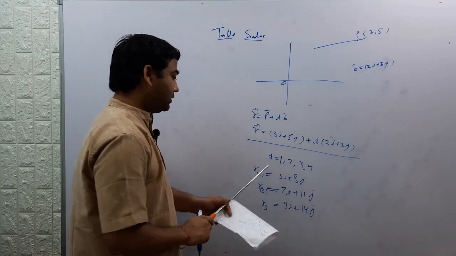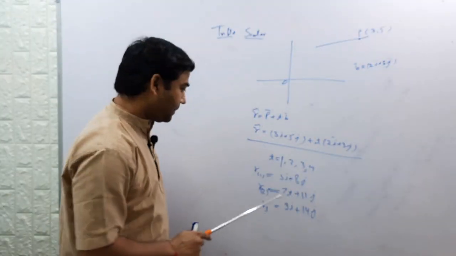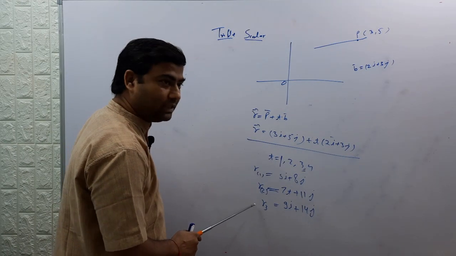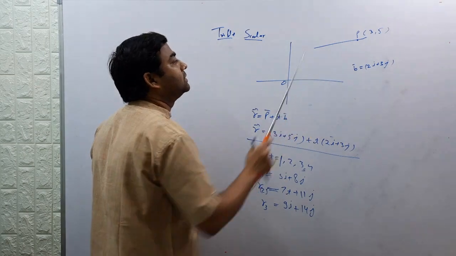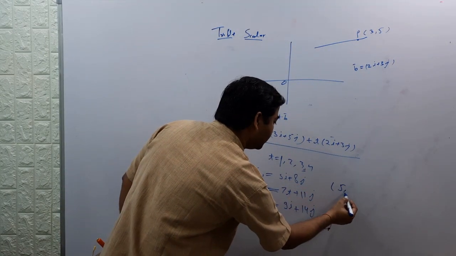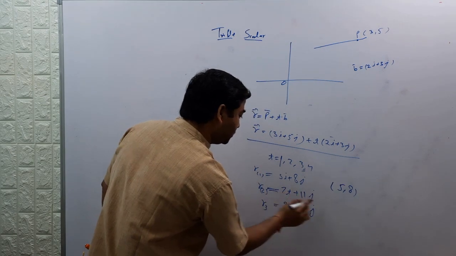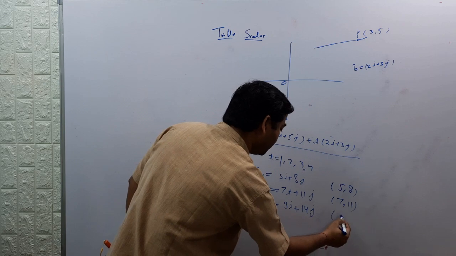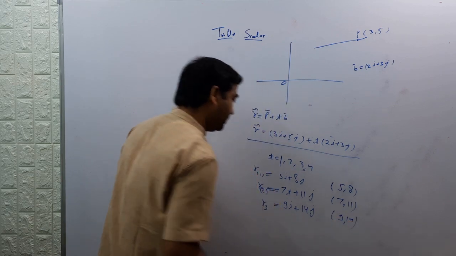So in this way, you can put different values of T and you will find position vectors of points which lie on this line. So this is the position vector of point (5, 8). This is the position vector of point (7, 11). This is the position vector of point (9, 14).